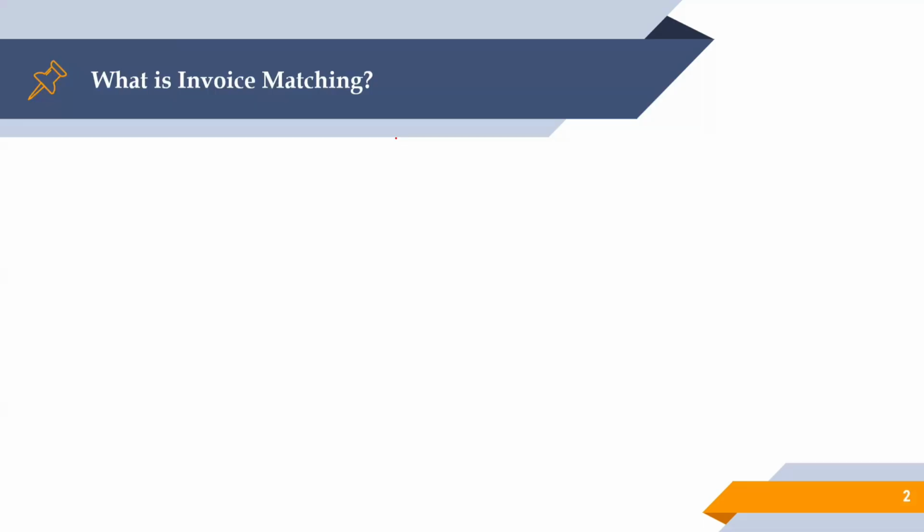So we have to do the validations, the matching of that invoice, to ensure that what we asked for, what we agreed, and what we have received, everything is in line. Only then do we proceed further to process the invoice.